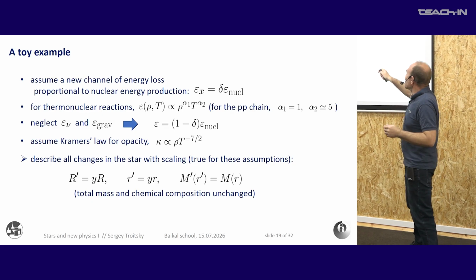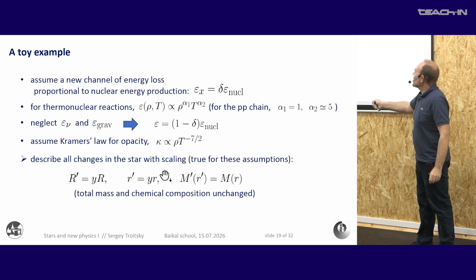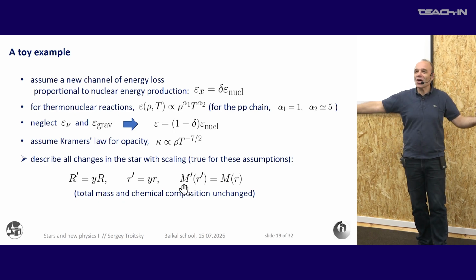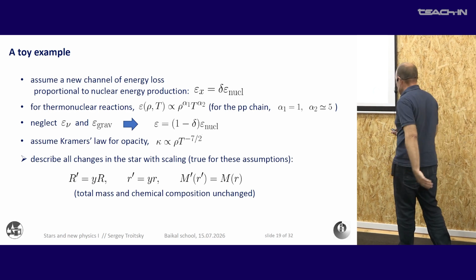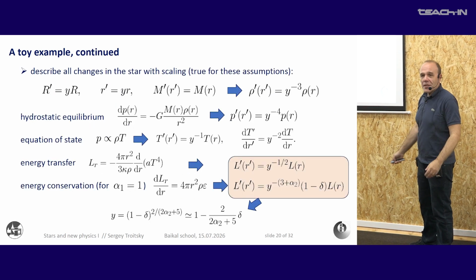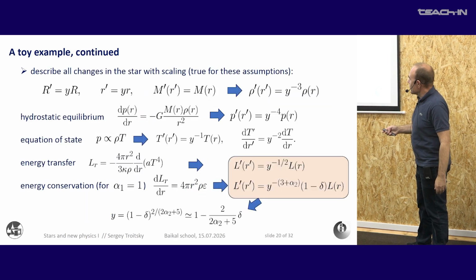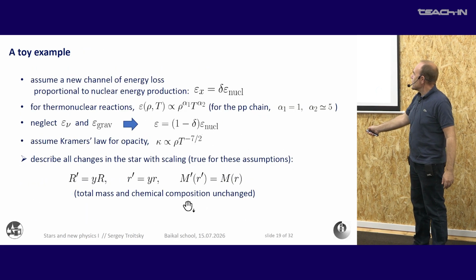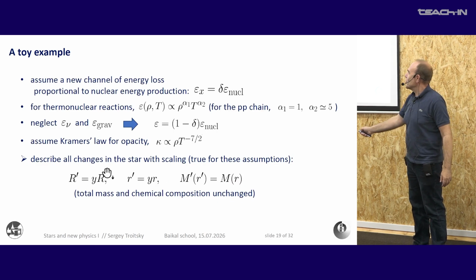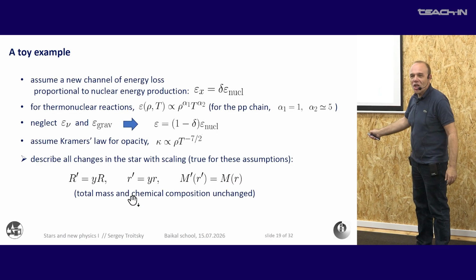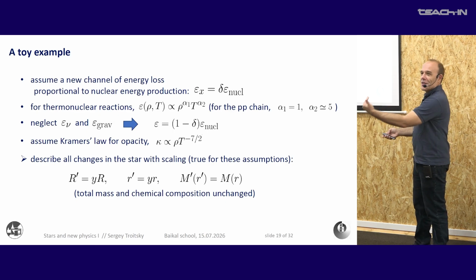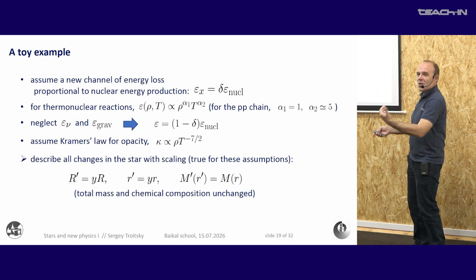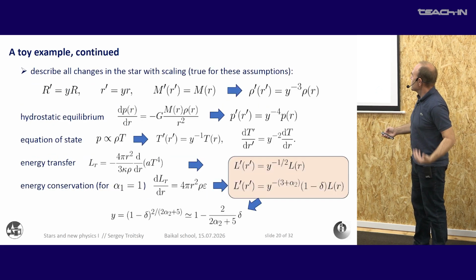Consider I switched on a small delta and the star changed. Of course, these are two different stars in two different universes, but I will compare them. If I say that something changes, the total mass and chemical composition do not change, and the radial scale changes. This means that they do not change with time. They differ from one real star to another imaginary star.